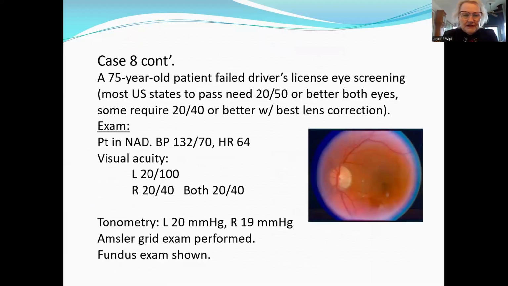So, this 75-year-old patient failed driver's license screening. Most U.S. states to pass need 20 over 50 or better in both eyes. Some require 20 over 40 or better. So this patient had visual acuity left 20 over 100, right 20 over 40, both 20 over 40. Tonometry was normal, pressure on the left 20, right 19, and the Amsler grid was performed and fundus shown.